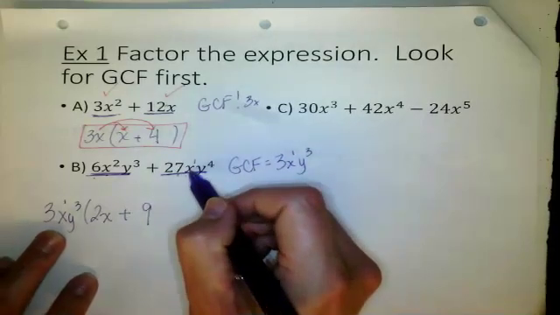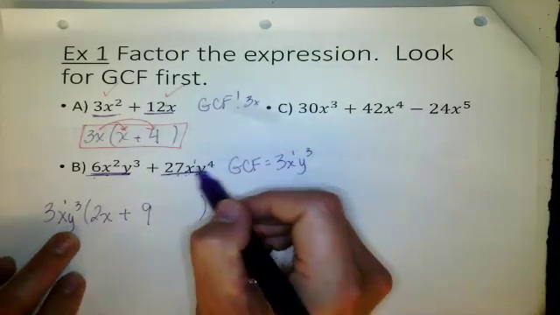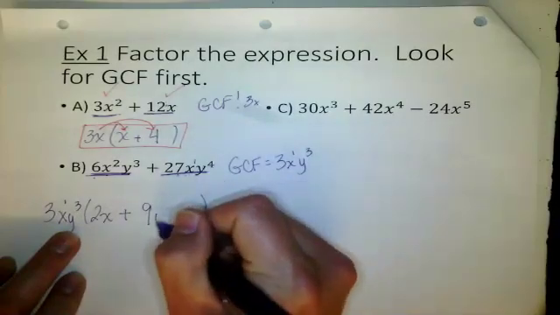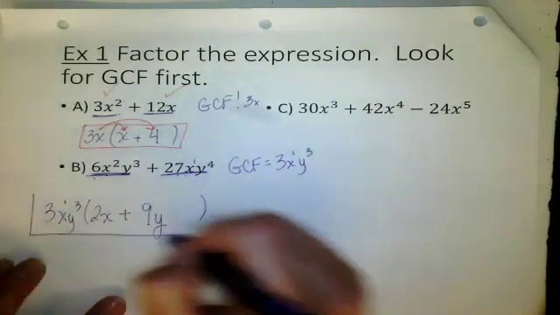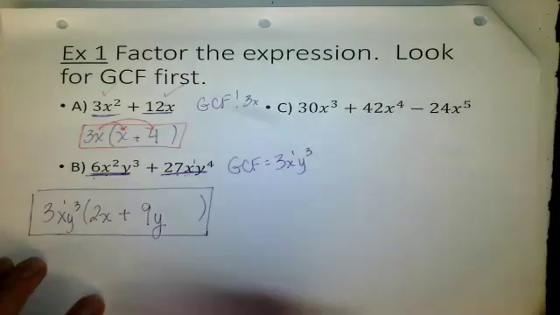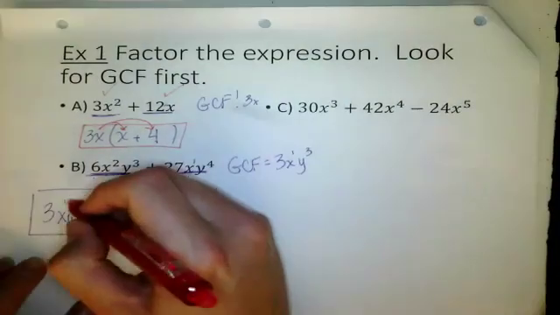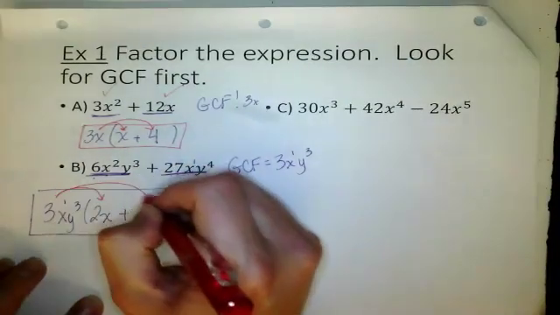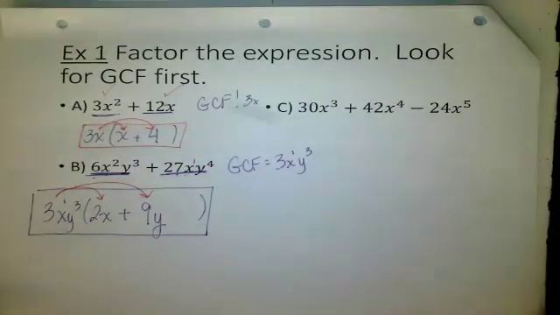If I take out an x, it's gone. And what's left for y? Just a y. How do you know you did it right? Distribute. That GCF is overlooked. So I hope you guys get really good at GCF.